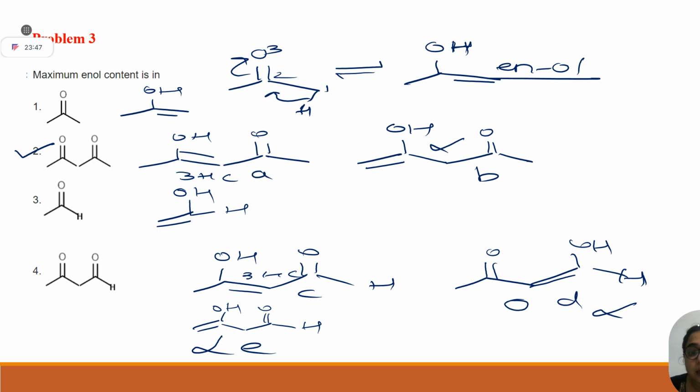You were saying, ma'am, in this condition only two enol structures are possible, but in this condition there are three possible. But at first priority, you have to see stability, and this enol form of aldehyde is less stable than the enol form of ketone. You can write this point.